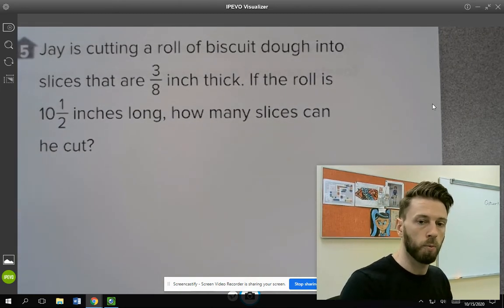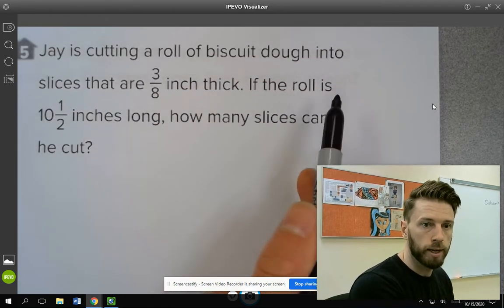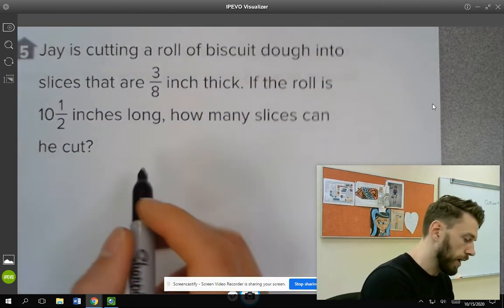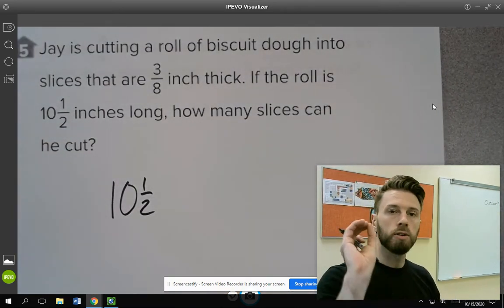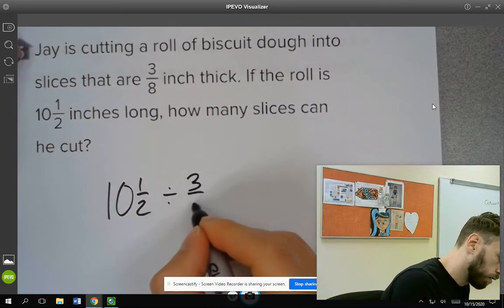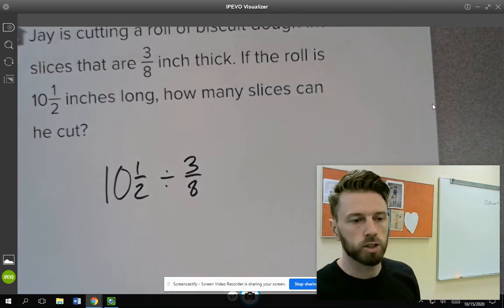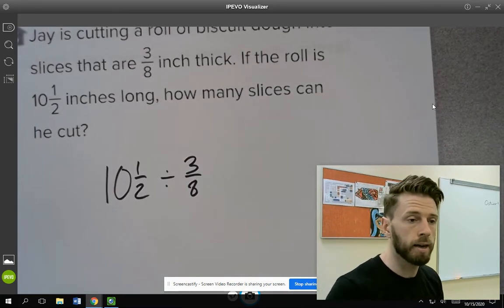Well, we're dividing up the roll. How much of the roll do we have? The roll is 10.5 inches long. So we have 10.5 inches of the roll, and we need to divide it into pieces that are 3/8 of an inch thick. So the problem we're going to be doing today to decide how many slices he's going to get is this problem right here.